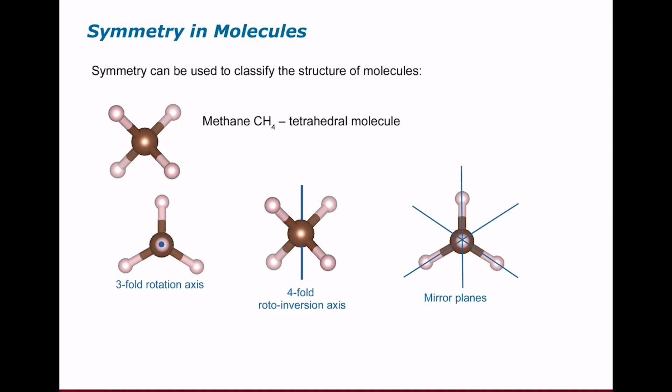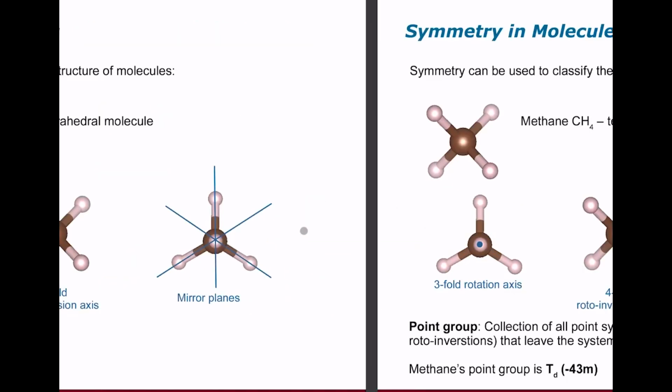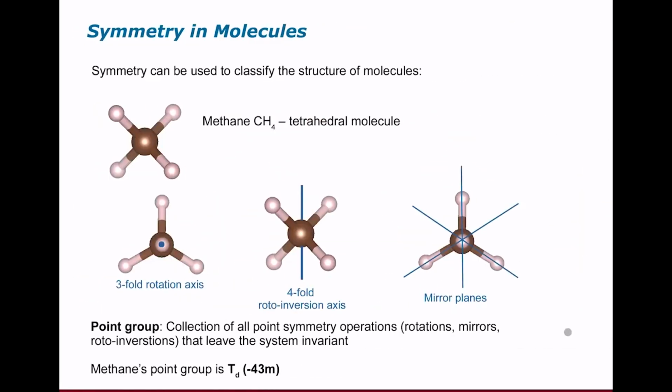Now, as I said, chemists work a lot with these symmetries of the molecules, these so-called point symmetries. Each of these symmetries I mentioned leaves the atom in the center, the carbon atom, stationary after all. So they came up with the language of a point group, which is a collection of all point symmetry operations, everything that I have listed to you, like rotations, mirror symmetries, reflection planes, rotoinversions, etc., that leave the system invariant.